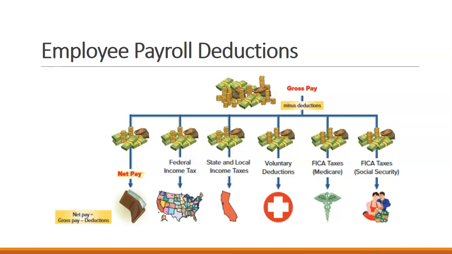Items that fall under voluntary deductions are if we're contributing to a retirement account, if we are taking the employee's health insurance, and so we pay a portion of our health insurance. Those are examples of voluntary deductions.